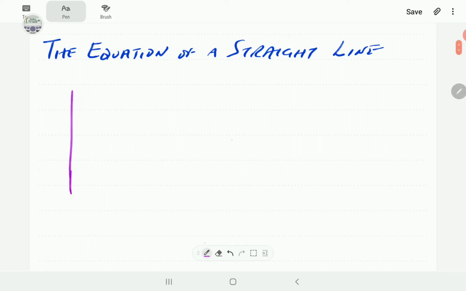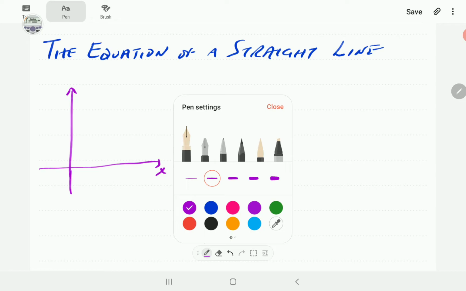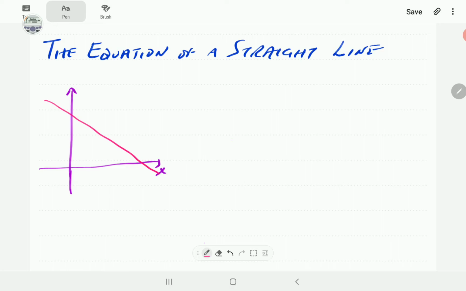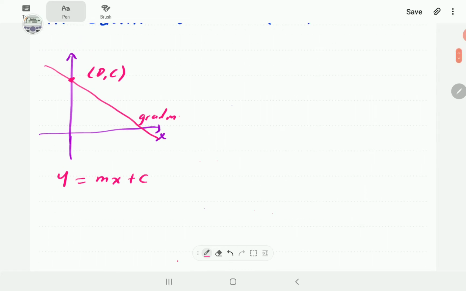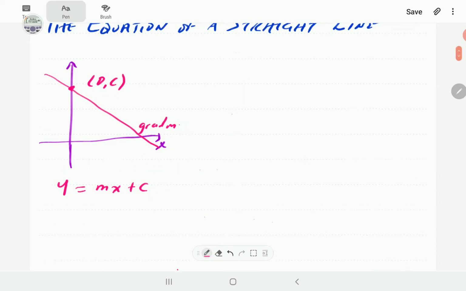The first form we said is the standard form. So we said if we've got a straight line that goes through 0, c, which is called the y-intercept, and this straight line has got gradient m, then the equation of this straight line is going to be y equal to mx plus c, where this m is this one and this c is this one here.